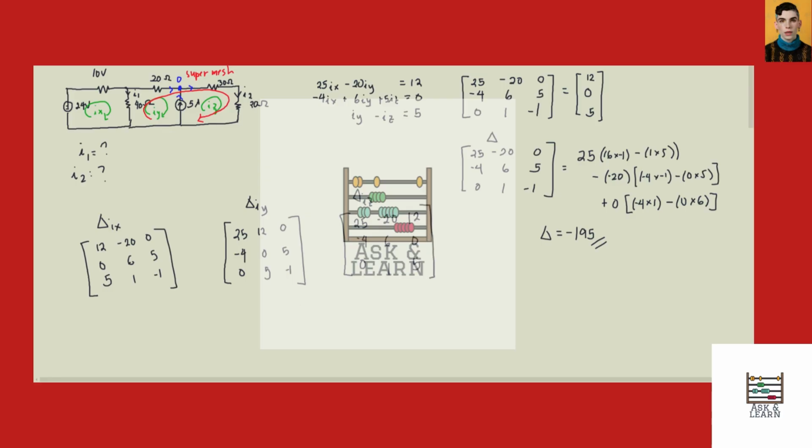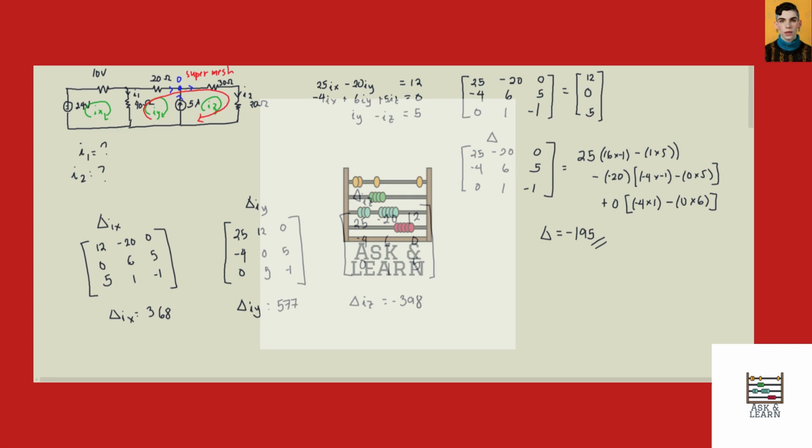Now solving for the corresponding values, we get delta Ix as 368, delta Iy as 577, and delta Iz as negative 398.